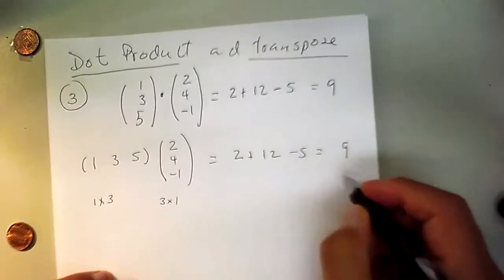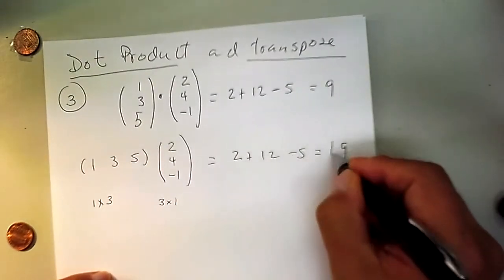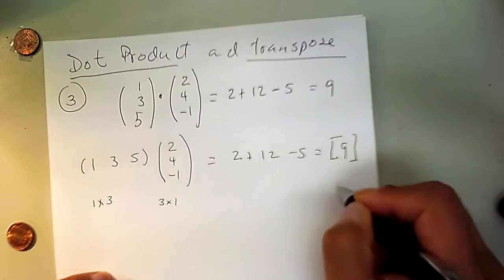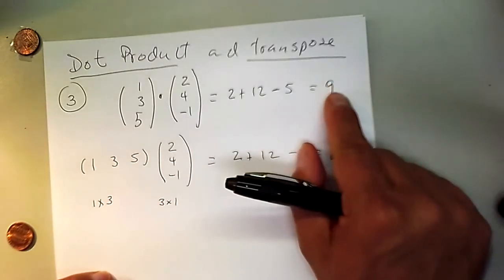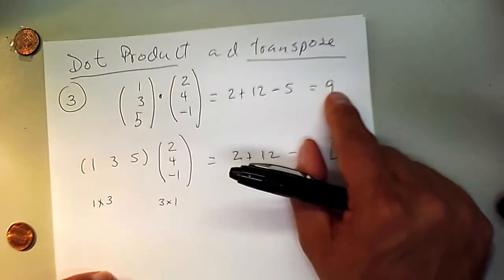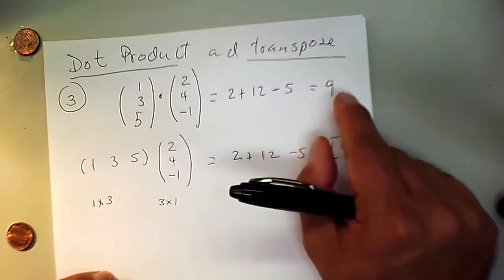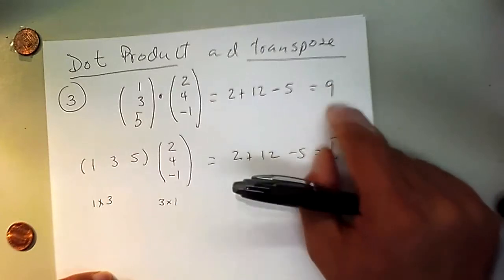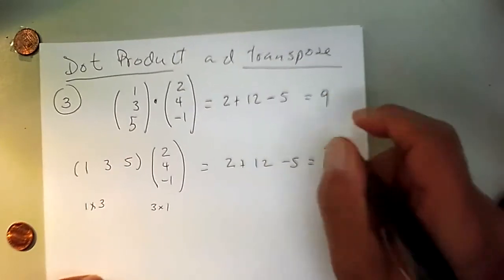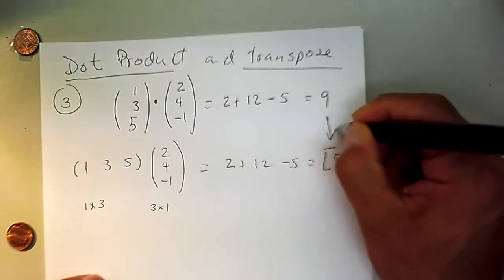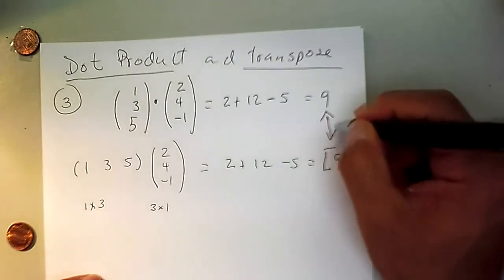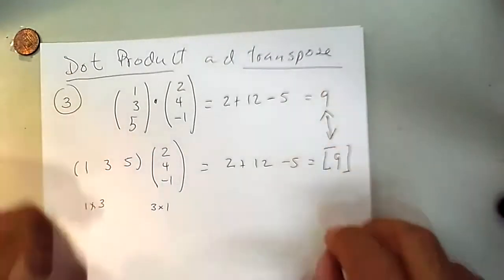So technically speaking, in these computations, we should end up with a 1 by 1 matrix. Here, we don't end up with a 1 by 1 matrix. We end up with a number, a scalar. So technically speaking, those two are not the same. However, we're going to make a connection between the two, and we're going to label them as the same.